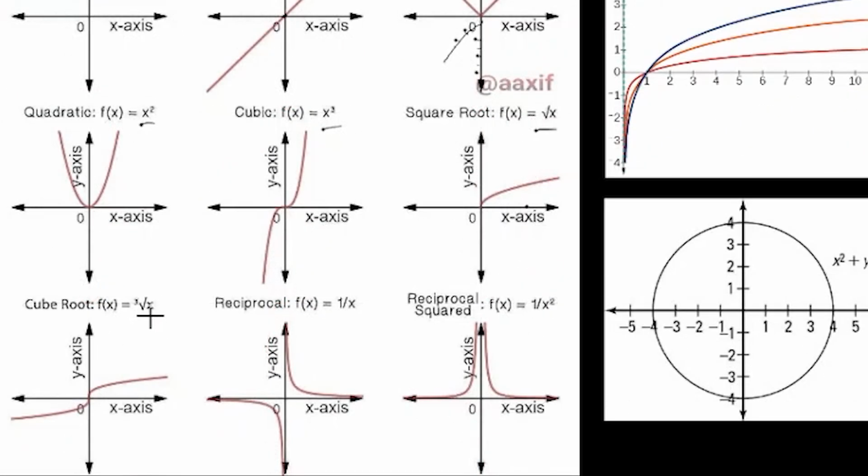And then we have also the cube root, and then we have the reciprocal function, which is actually a rational one, 1 over x, and you will get the value of y. Or you get something called the reciprocal squared function, which is basically going to take any value just like this, squared, and then you will get no negative values of y.